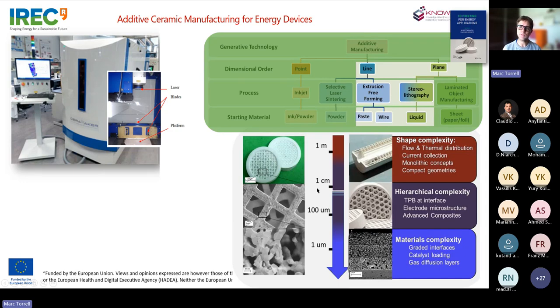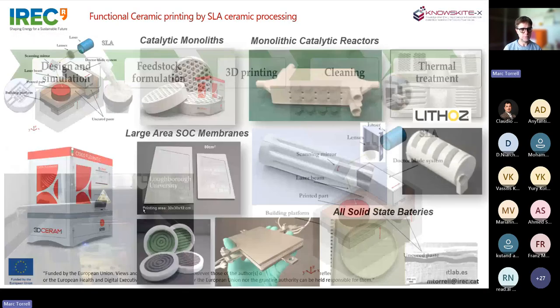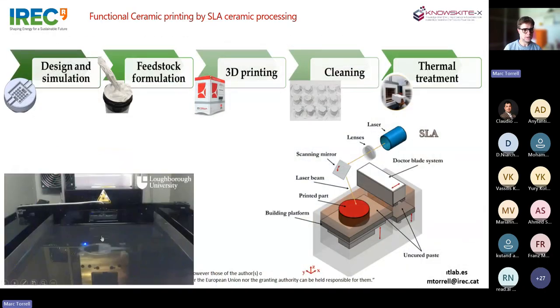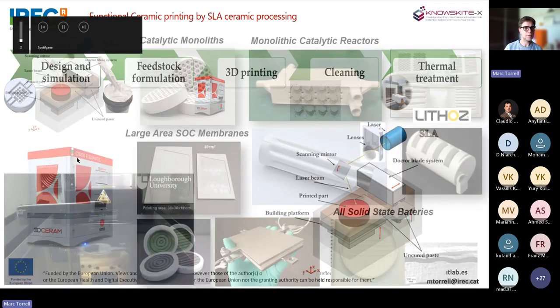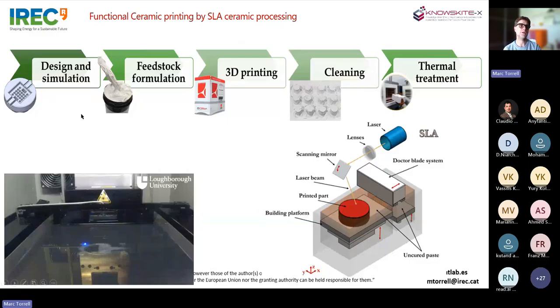Considering this, we focus on the use of stereolithography technology to generate our solid oxide cells. The process, I will try to increase the volume. Okay, here we have the processing of this stereolithography.